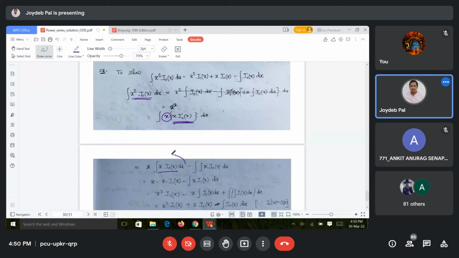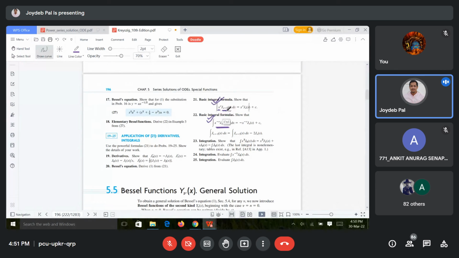into a Bessel function. So x into j naught integration, by the first formula. In the first formula, if I put nu is equal to 1, then what will be the value?